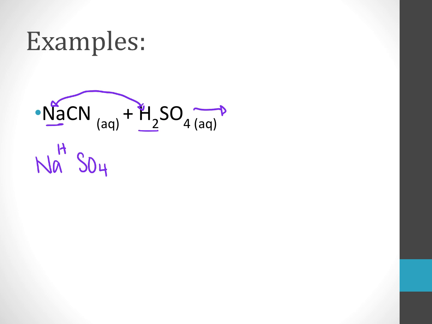What's the charge of sulfate? Good. Okay, -2. All right, so then what's your next step? Crisscross. What do you get? Good. Okay, so you should get Na2SO4.